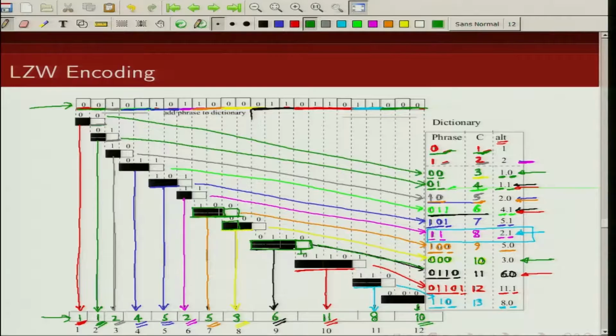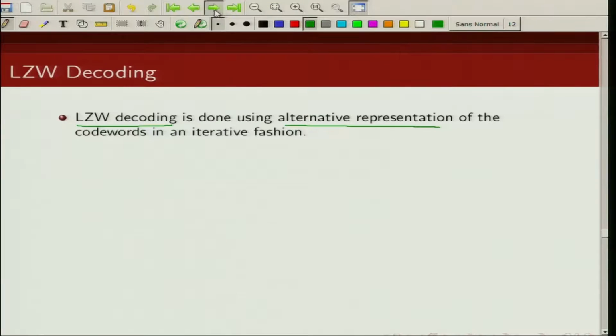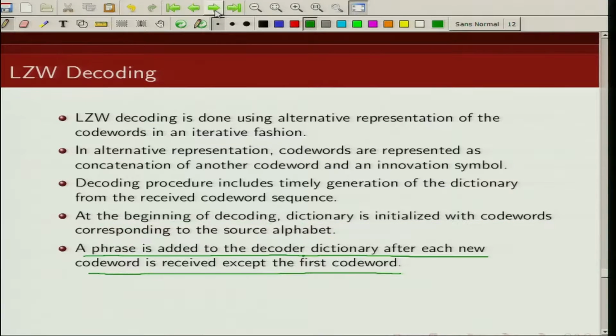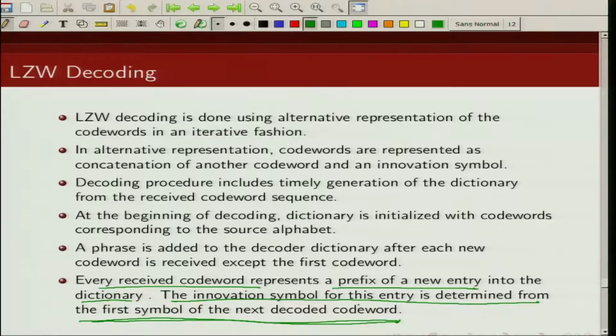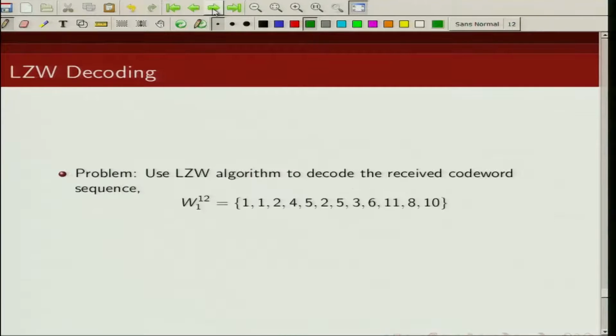This was getting coded in the next set of sequence. So this was getting coded here. You can see basically each of these innovation symbols gets coded in the next phrase, and that's why I made this remark that the innovation symbol for this entry is determined from the first symbol of the next decoded code word. Now let us take an example to illustrate that.